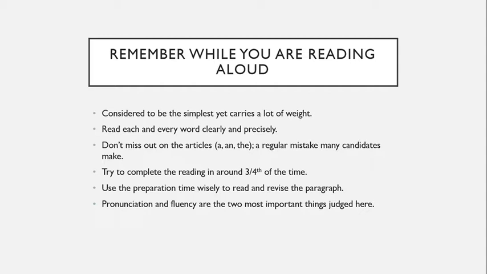If you're using more than 30 seconds to say 3 to 4 sentences, that means there's something wrong with your oral fluency. You see, PTE is not being judged by a person. PTE is being judged by a computer algorithm. So the algorithm has been made in such a way that if you use more than 30 seconds, then naturally your oral fluency goes down, with which your speaking scores go down. So try to use only three-fourths of the time.